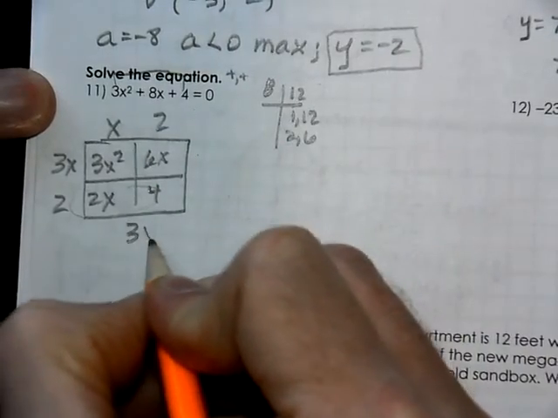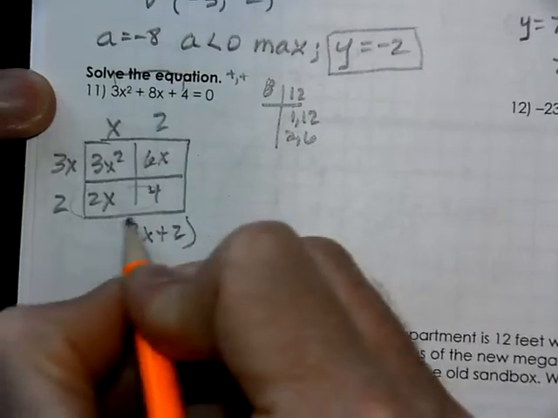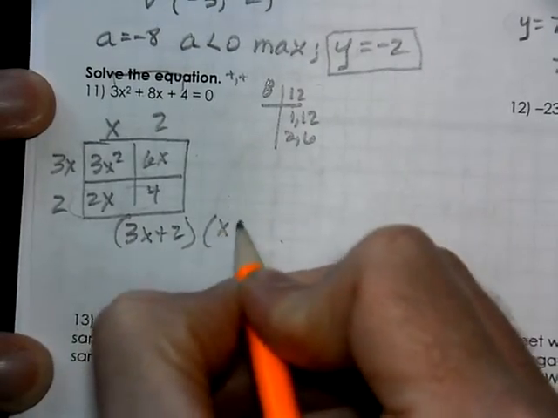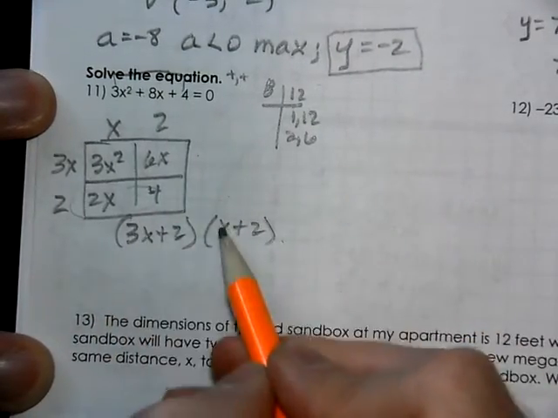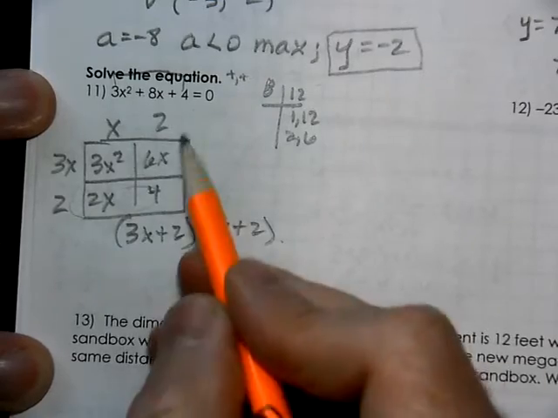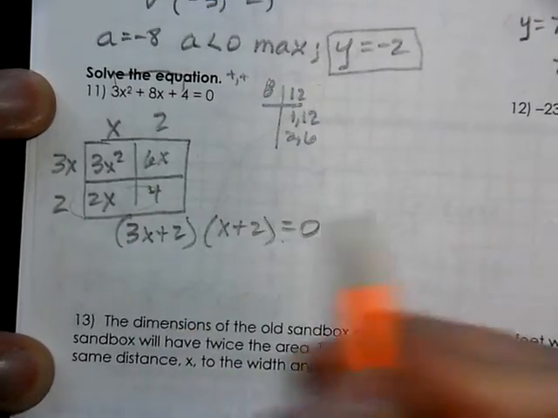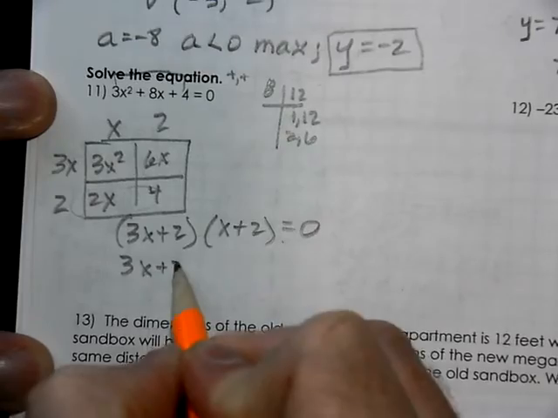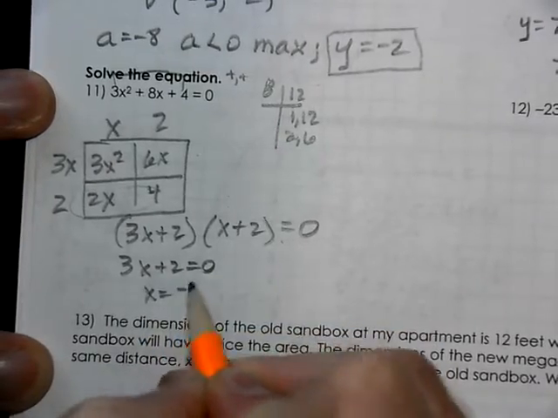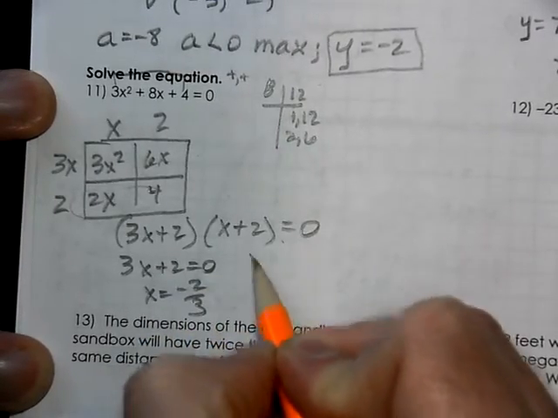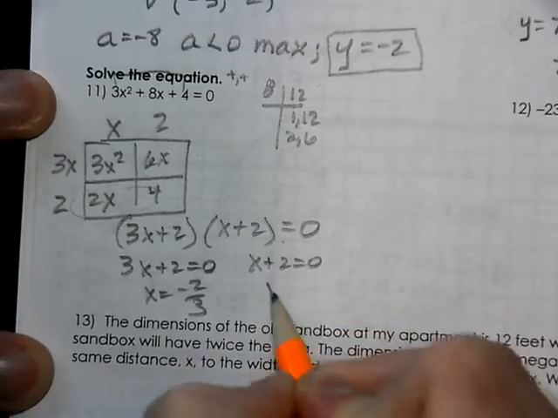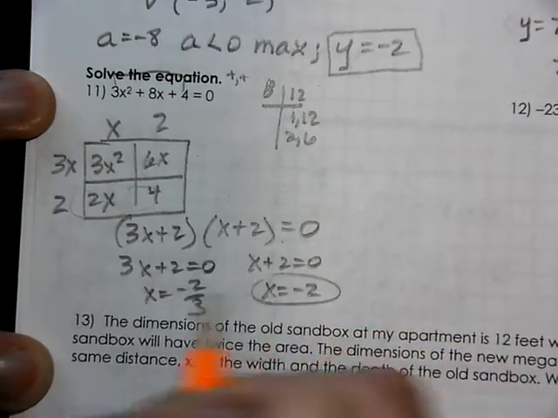So you have 3x plus 2 times x plus 2, and you can check that by FOILing, equals 0. The zero product property will give you negative 2/3 and negative 2.